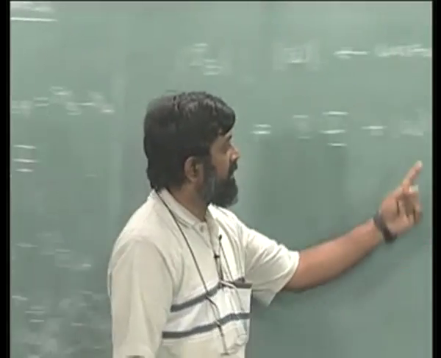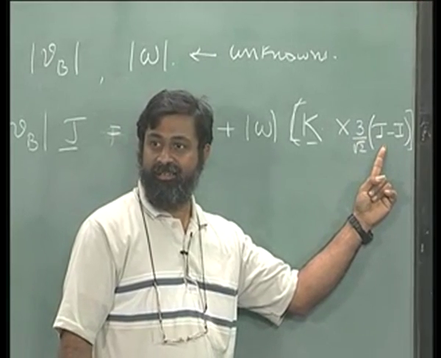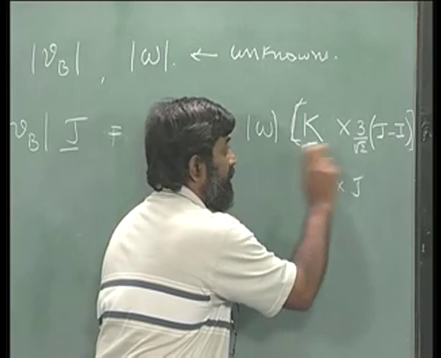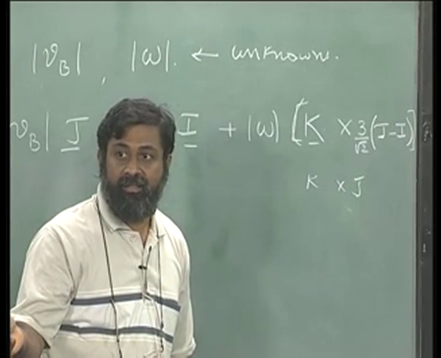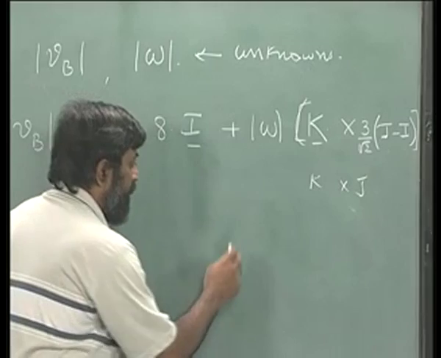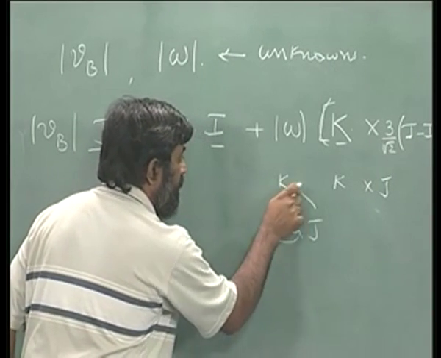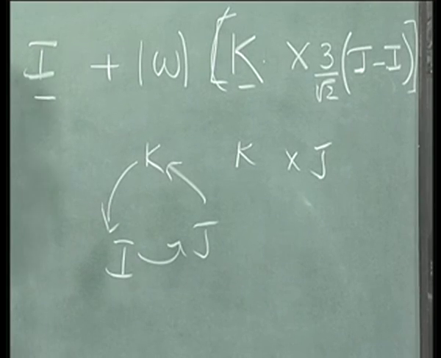What is K cross J? K cross J will come in here, and how do I find out? I, J, K, if it is in the cyclic order, I will get a positive when I do a cross product.